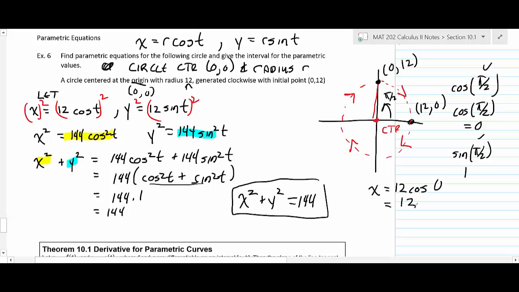Yeah, because that's 12 times 1. So that gives 12, okay? Then if you had y is equal to 12 sine of 0, would that work out, giving you 0? Okay, so that's 12 times 0, so that gives 0, like that, okay? So that should be the equation of that circle.